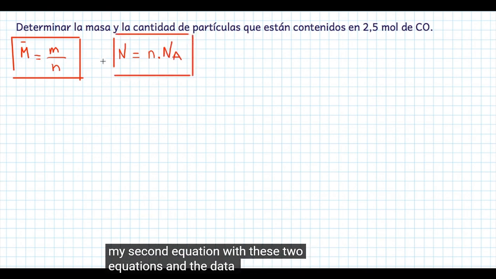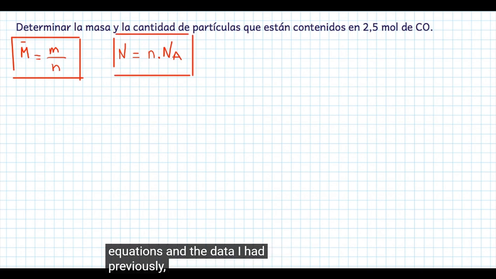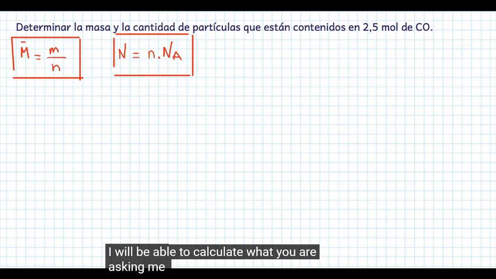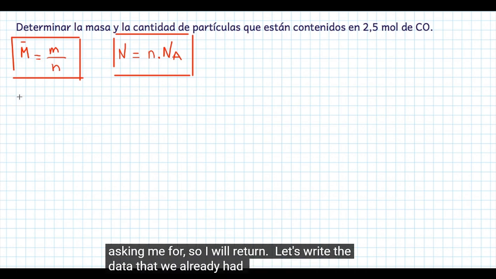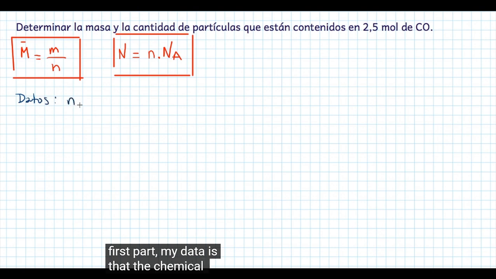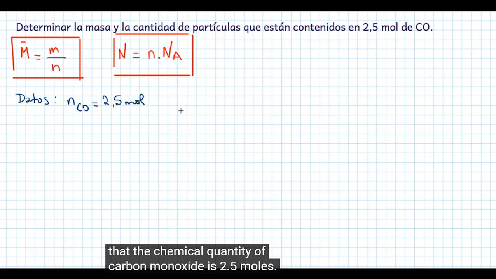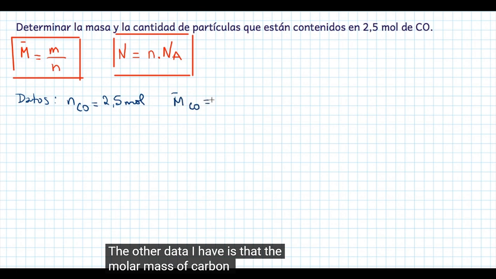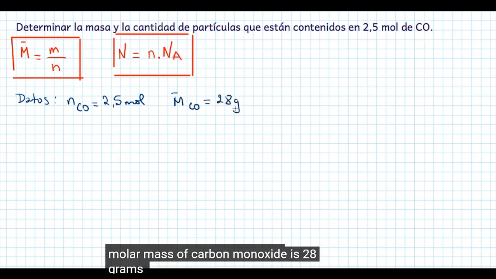With these two equations and the data I had previously, I will be able to calculate what you are asking me for. Let's write the data that we already had for the first part. My data is that the chemical quantity of carbon monoxide is 2.5 moles. The molar mass of carbon monoxide is 28 grams per mole.